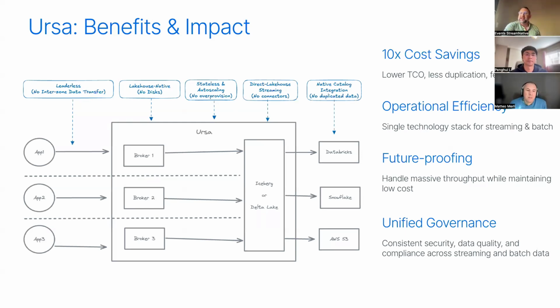Yes. And then finally, the third one, stateless and auto scaling. So how do we reduce the need to over provision? We already had auto scaling before, but this is taken to a further level, in that there is no local storage anymore. So it makes it very easy for us to go from a tiny broker to a cluster of 1,000 brokers, purely based on auto scaling up and down.